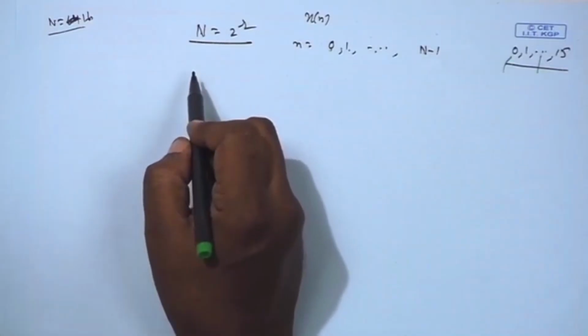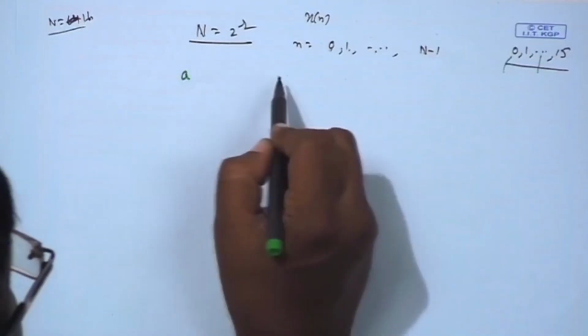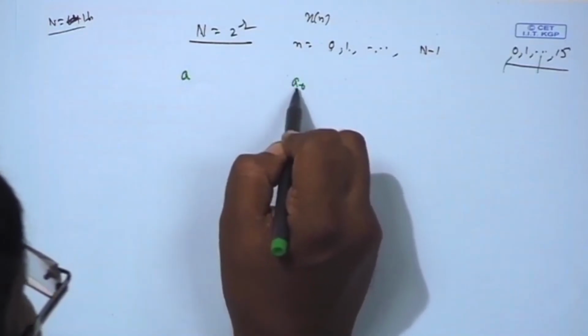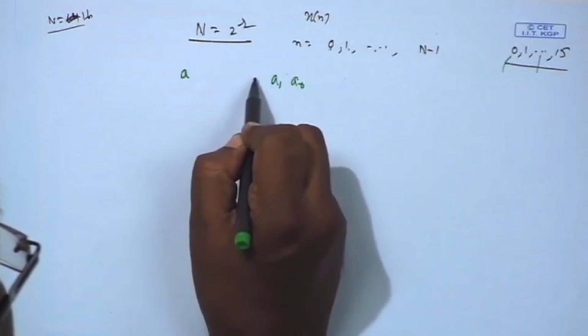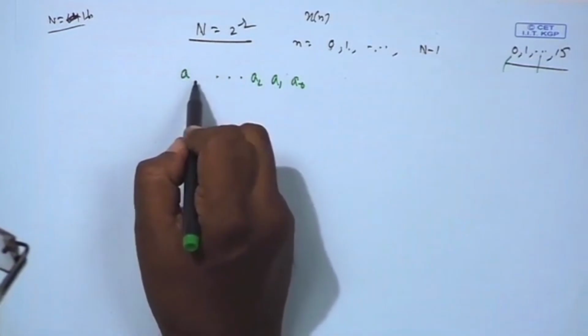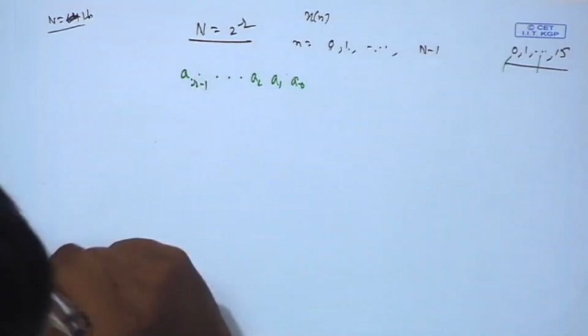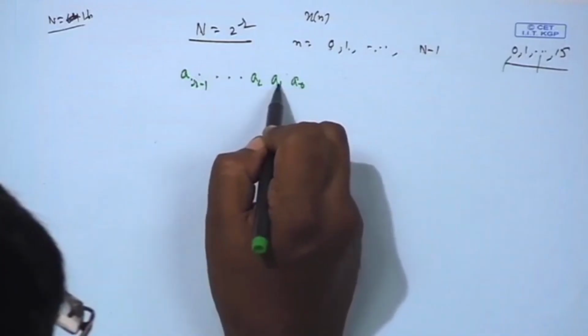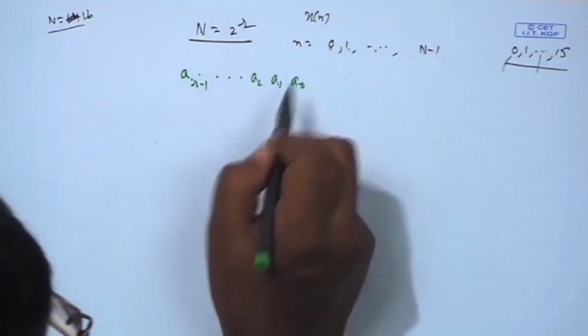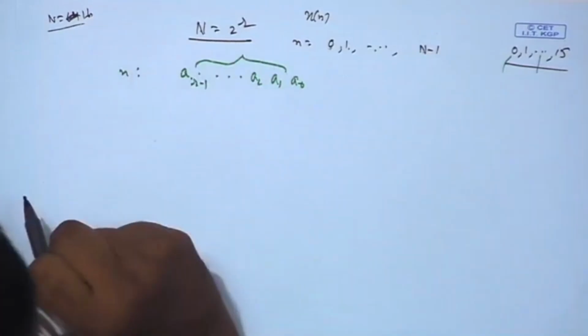So, in general, I have got a0 as the LSB, a1, a2, up to a(r-1). How many bits? 0th bit, first bit, second bit up to (r-1)th bit, total r. This is how my n is.